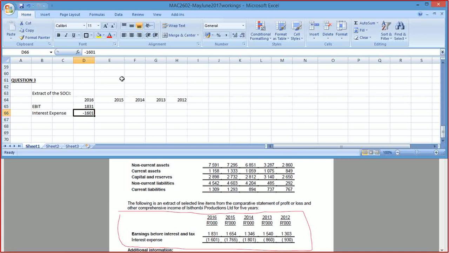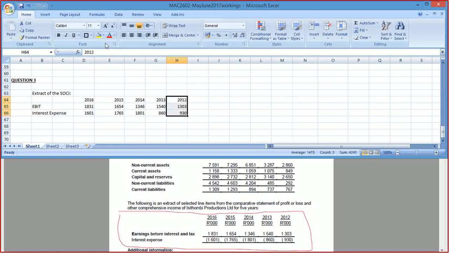Actually, I'm going to keep it as a number. I'll just put it in red. 1765, 1801, 860, 930, 1654, 1346, 1540, 1303.